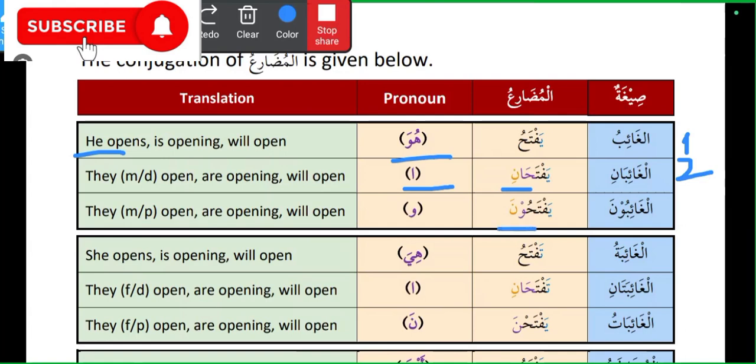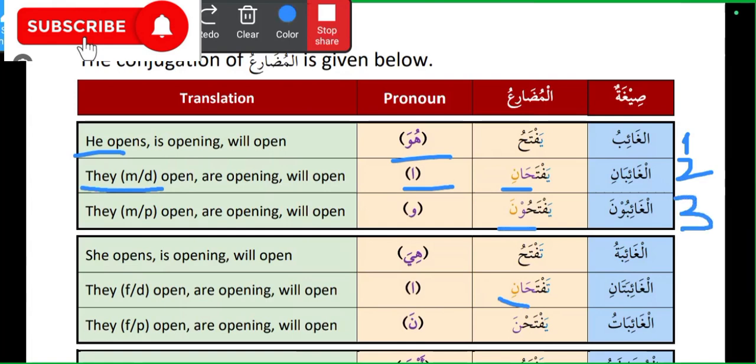All the noons here in orange color are noon i'rabi. So the second siga is yaftahani, and it means they both. They both open, or they both are opening, or they both will open, according to the context.